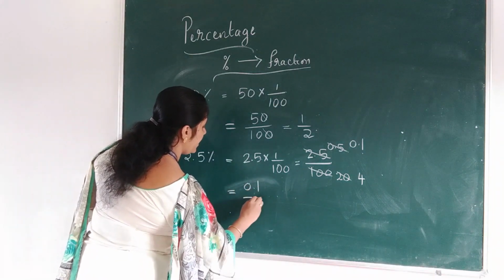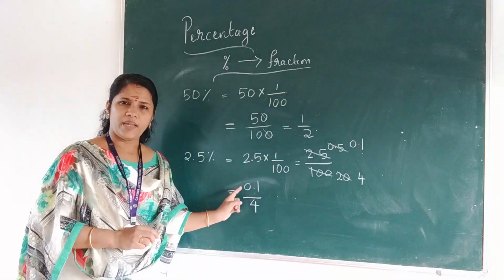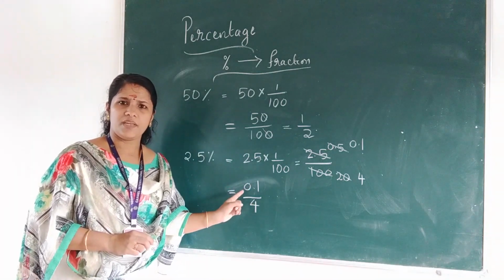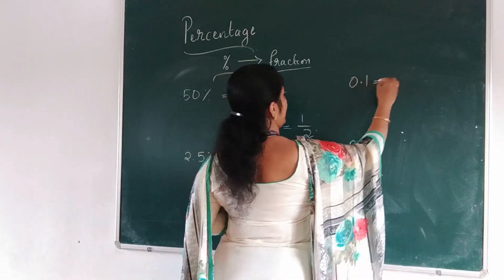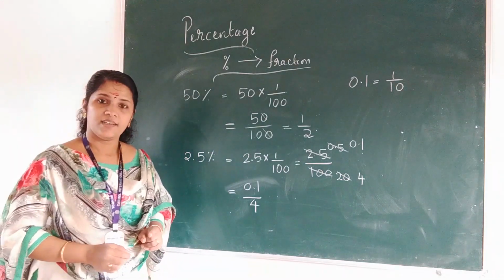So the answer is 0.1 by 4. I have to replace the decimal in the numerator. What is the meaning of 0.1? 0.1 I can write as 1 by 10. Am I right? Yes.